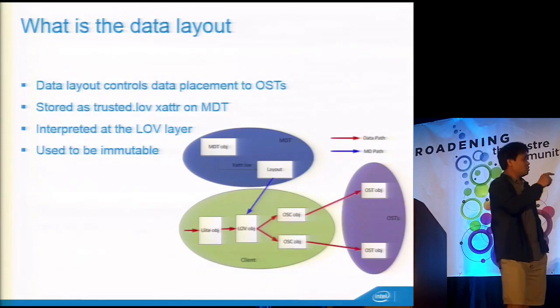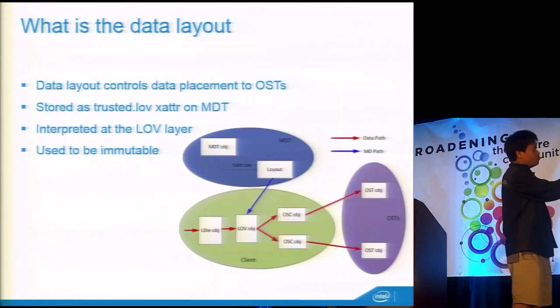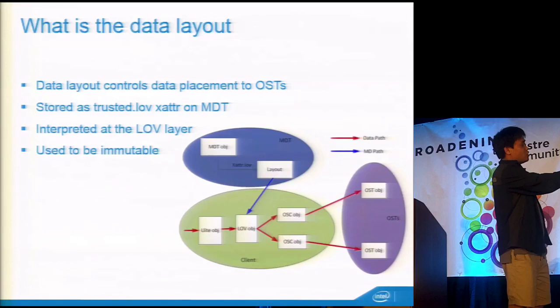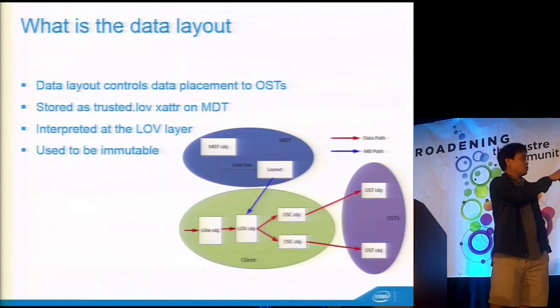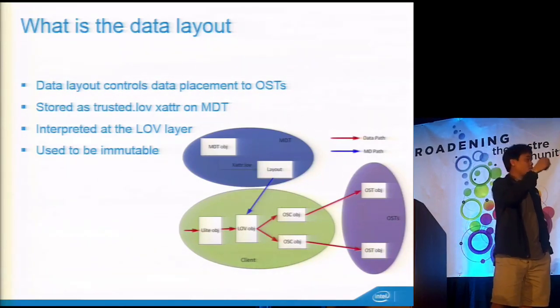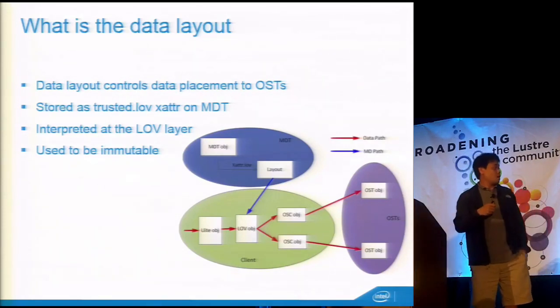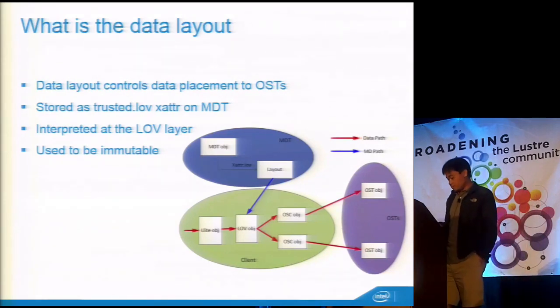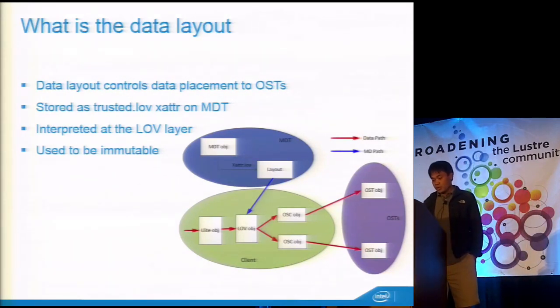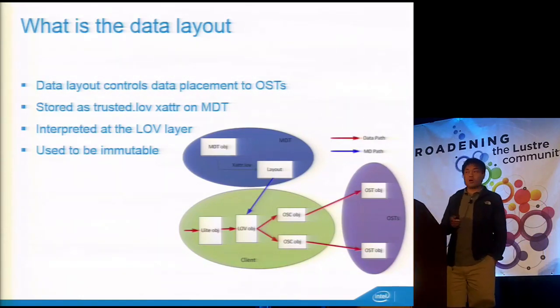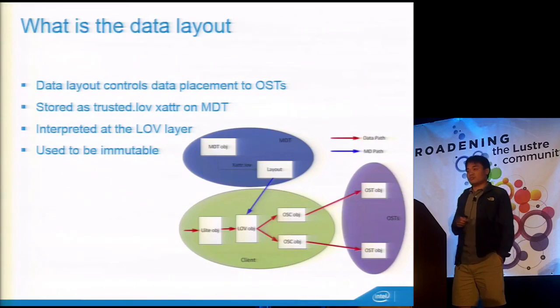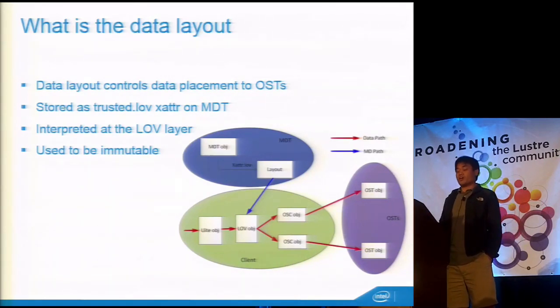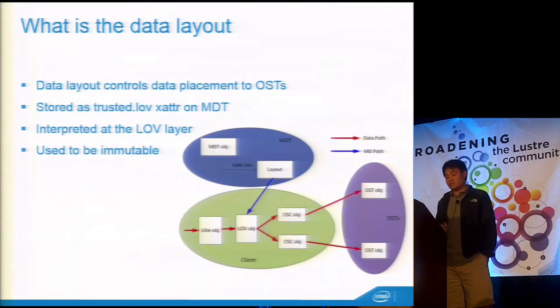If you can see the diagram, the red lines are the data path, which is controlled at the LOV layer by the data layout to reach the right objects on OST. Data layout used to be immutable after setting, so you can't change your data layout later on. So we're going to change this.